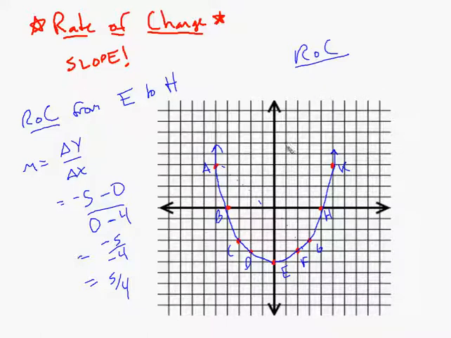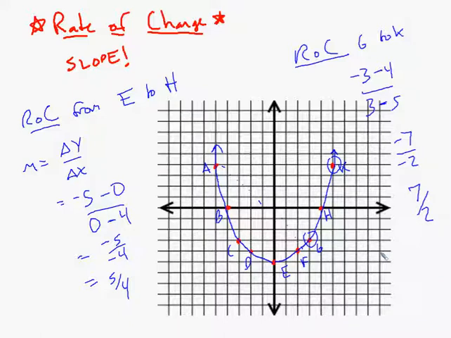But let's do one more. Let's do from G to K. So here's K, here's G. So that's going to be negative 3 minus 4 over 3 minus negative 4, which is negative 7 over negative 2, which is 7/2.